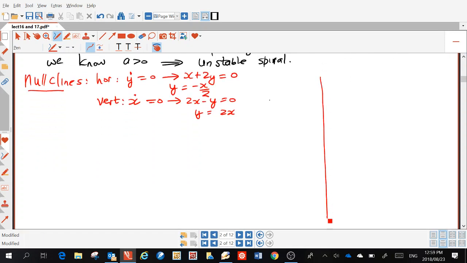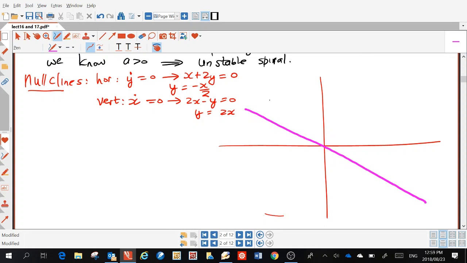So if you look at the picture with the nullclines in it, y equals minus half x, it's something like this. And y equals 2x, it's something a bit steeper like that. But these are just nullclines.